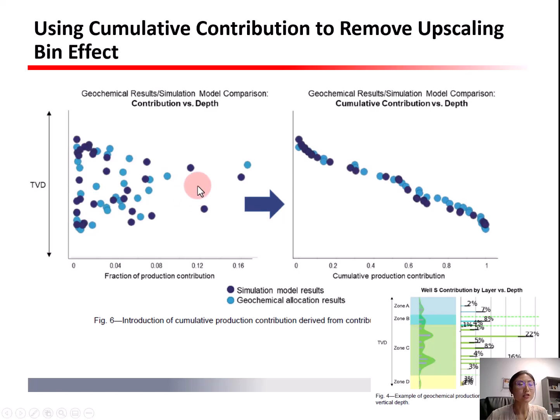So there's a mismatch in between, which makes the artifact of mismatch between the model prediction, which is the darker blue, versus the geochemical observation, which is in the lighter blue.